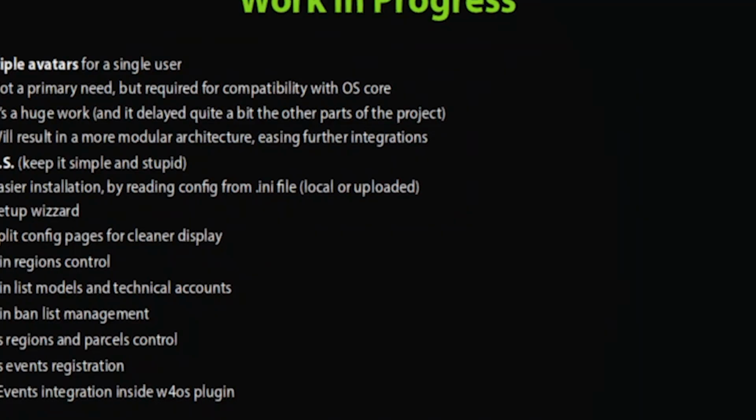The user will be able to see and control their regions and parcels, and events registration will be possible from the website. And the next step about events would be to merge to-do events projects inside w4os.